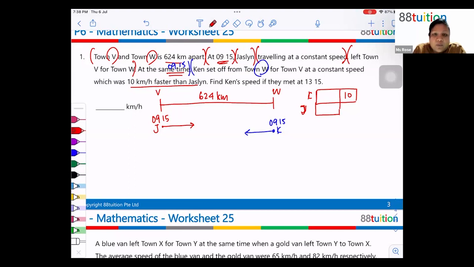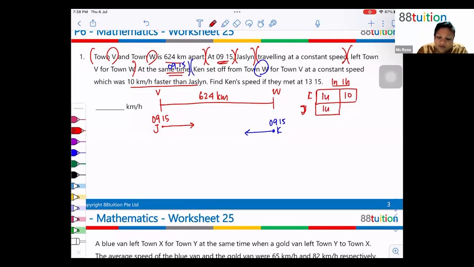Now, when we talk about speed, when we say 10 kilometers per hour faster, what does that mean? It means in 1 hour, Ken travels 10 kilometers more than Jaslyn. This is what it means.